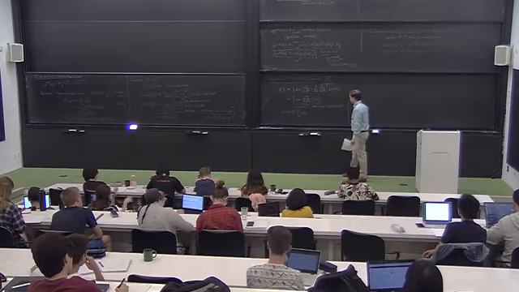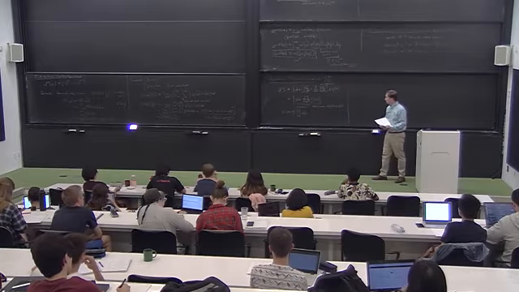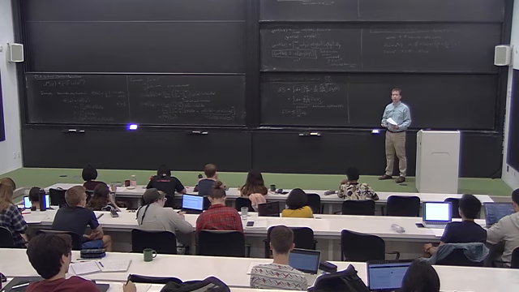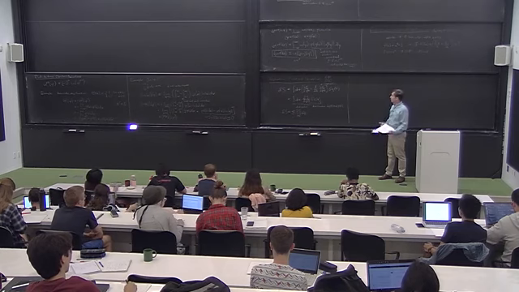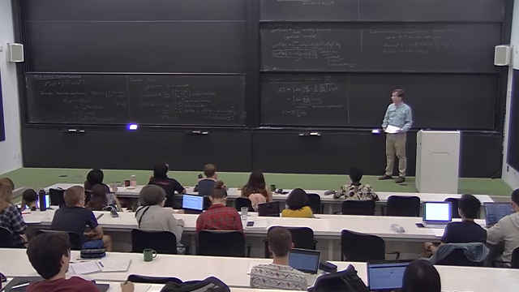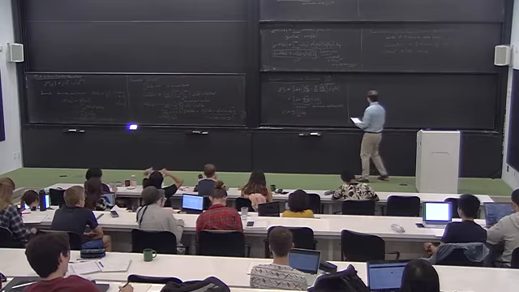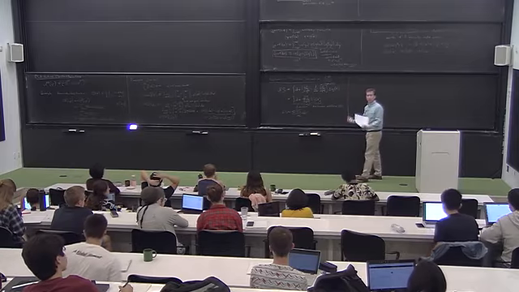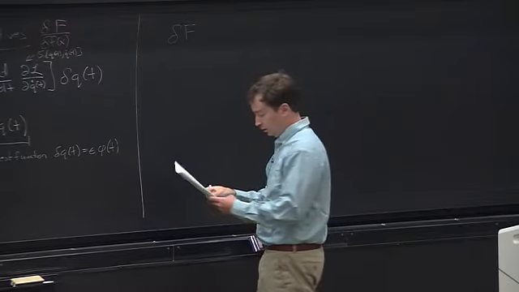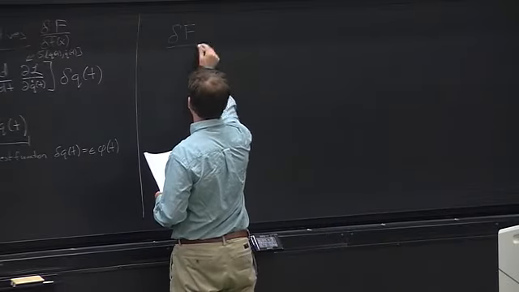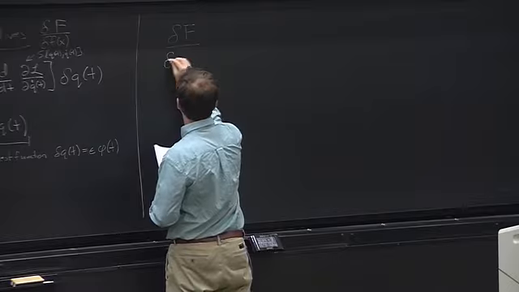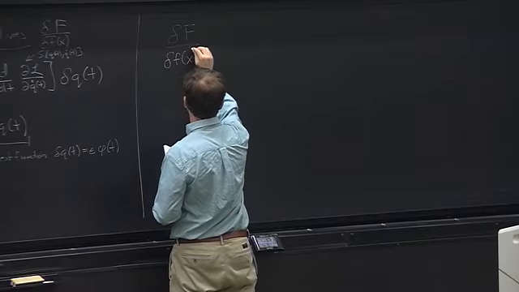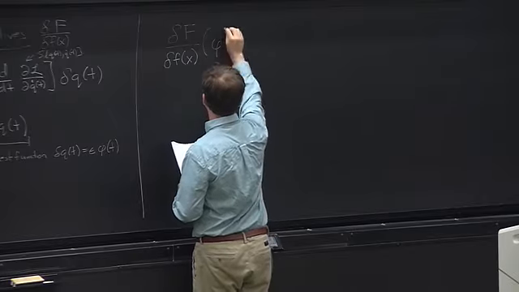And the nice thing about thinking about functional derivatives in the language of distributions is that the definition of the functional derivative basically becomes the one you're all used to from your first calculus course. So we have the functional derivative acting on a test function.